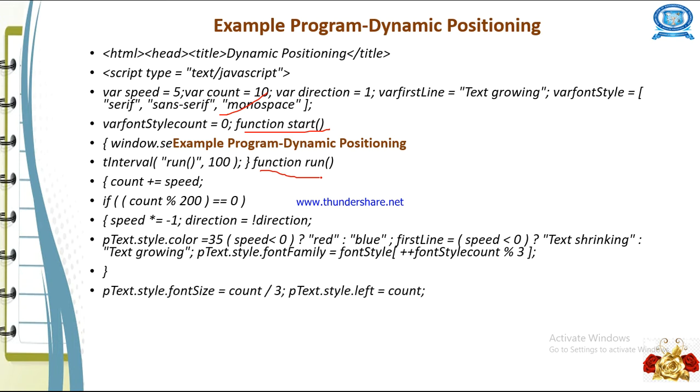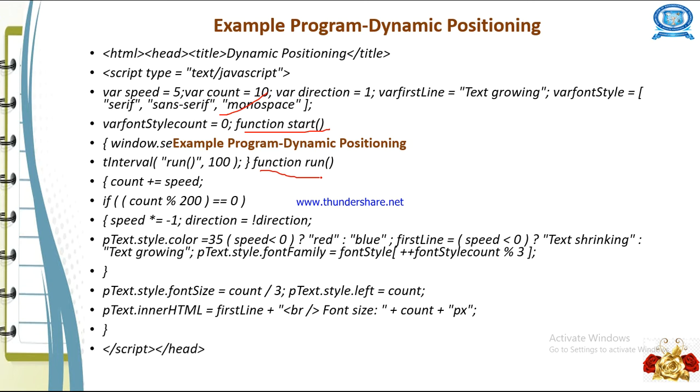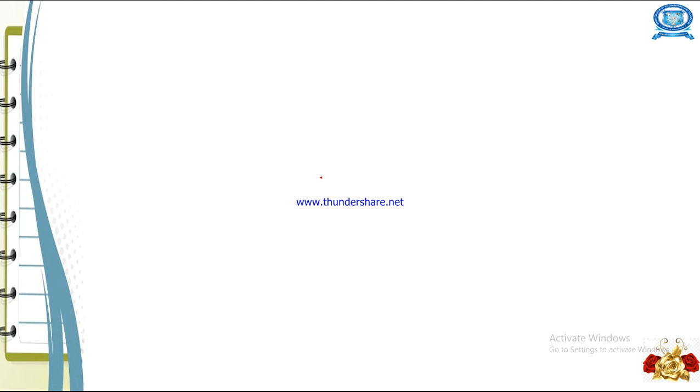Then values are compared. Suppose the condition is true, then some text value is used. Suppose the condition is false, then put the next statement, that is the first line and count plus. By using innerHTML, display the value. Then close the script and head.